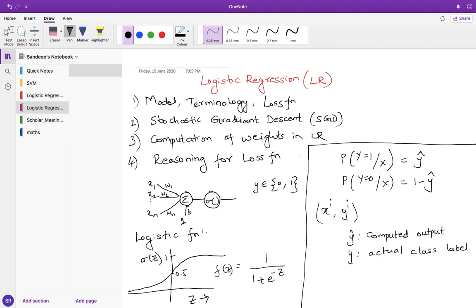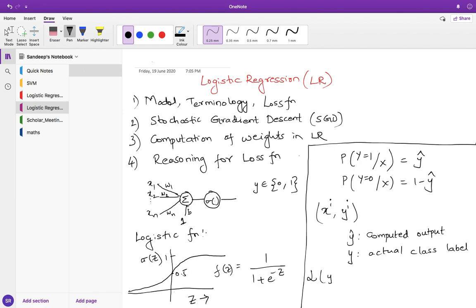Here we are assuming binary classification, so it is either 0 or 1. Now let us define the loss function with the computed versus the actual class value.